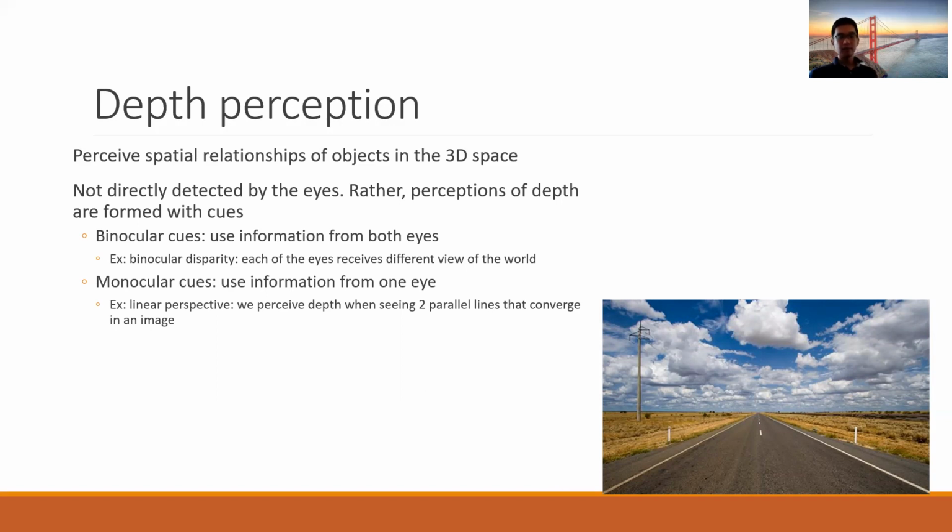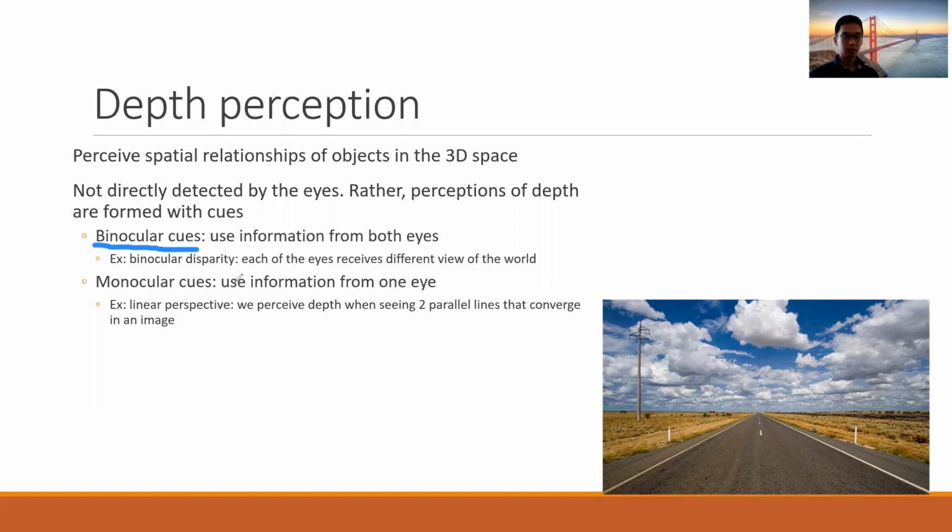One type of clue is called binocular cues. We need to use information from both eyes to decide whether a picture has depth or not.